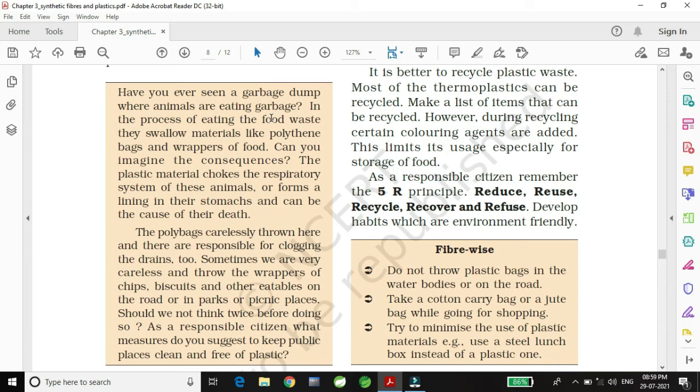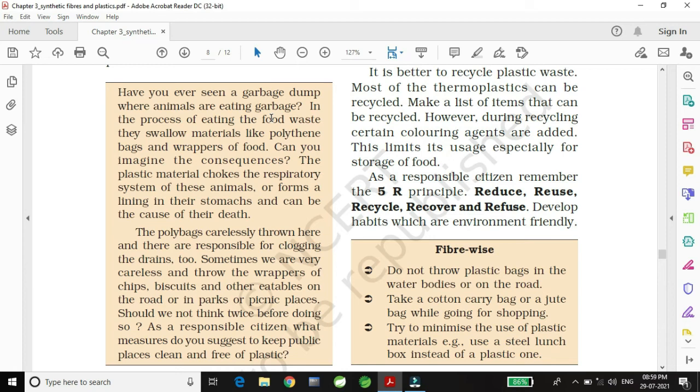The polybags carelessly thrown here and there are responsible for clogging the drains. Sometimes we are very careless and throw the wrappers of chips, biscuits and other eatables on the road or in the park or in the picnic places. Should we not think twice before doing so?